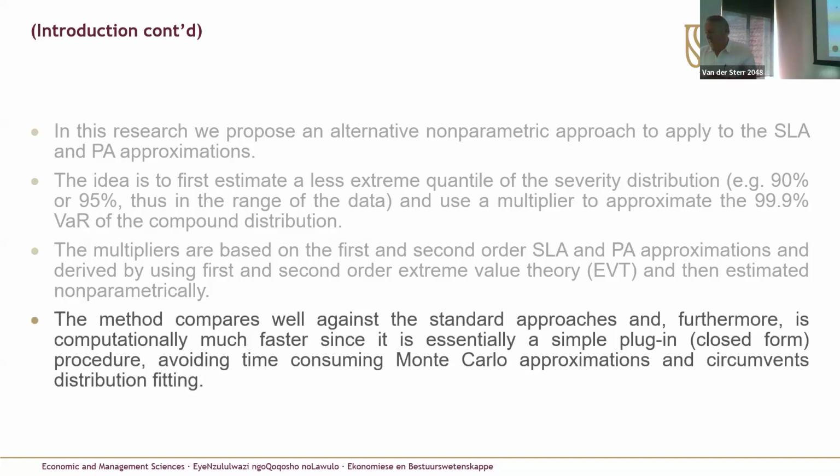The methods that we propose work very well compared to the standard measure. The main advantages are that it's non-parametric, and of course that its computing time is much, much lower. It's essentially a plug-in estimate, because for the other methods, you need these Monte Carlo simulations, and that's quite time-consuming.